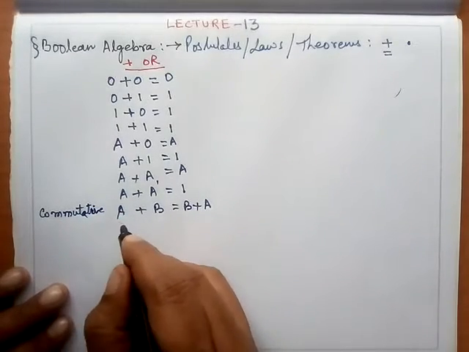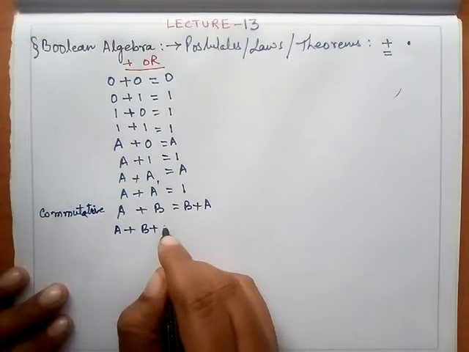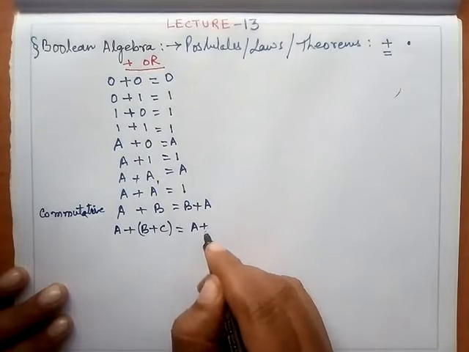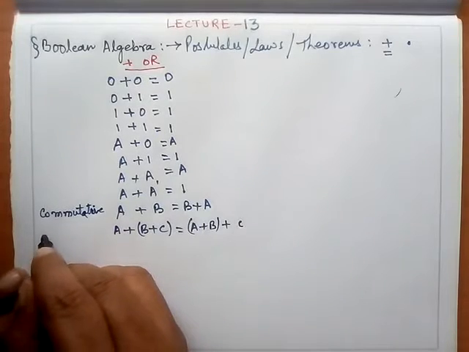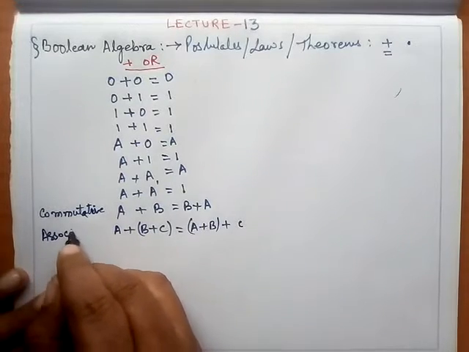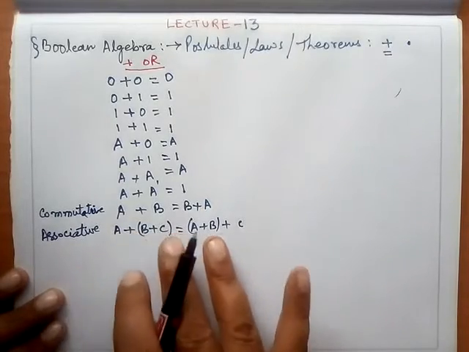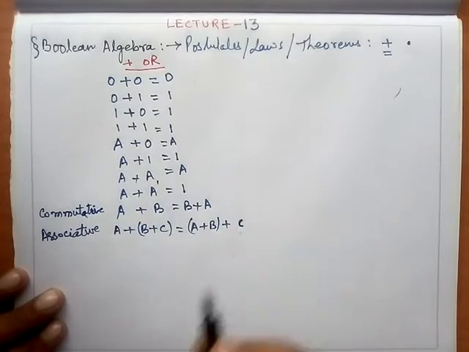Next, let's take the associative law. It says that A plus B plus C is equal to A plus B plus C, grouped either way. That is, initially I associate these two and then do the plus operation with this C. This is called the associative law.